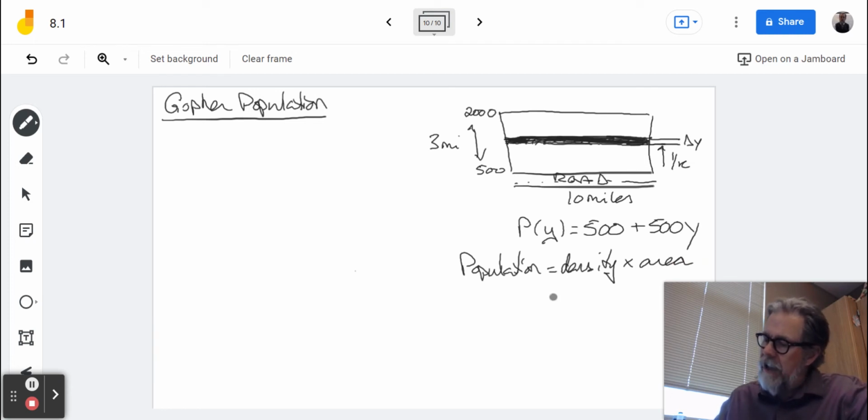My area is 10 times delta y. My density is P of y, which means that my population in that strip is 10 P of y delta y. And let's make that a y sub k since it's just one particular strip.